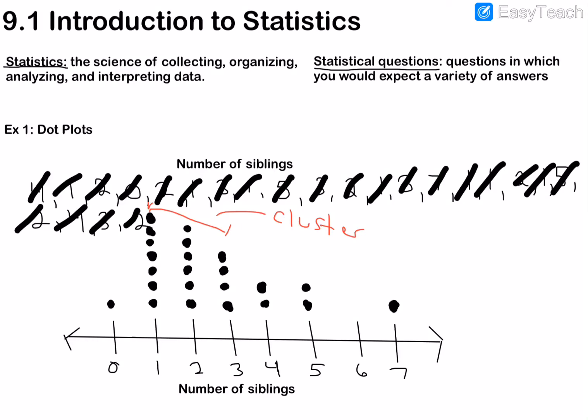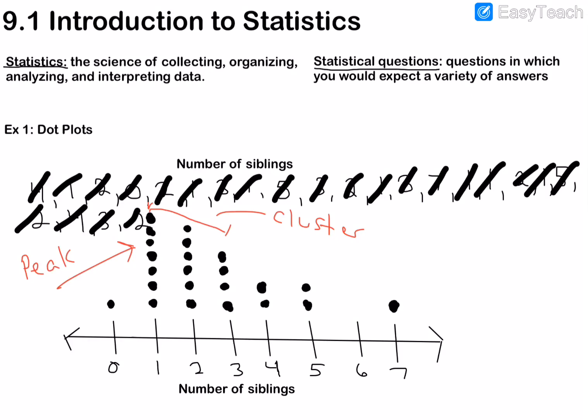The peak would then be number 1, because number 1 is where most of the data points are. That means of these 23 people, most of them have only one sibling.